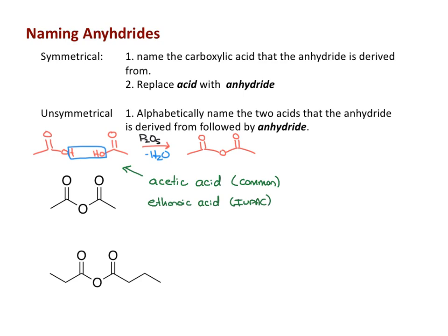And when you join those together, you get the anhydride. So what we do is we just replace the ending acid with anhydride. So that means this molecule here, you can call that either acetic anhydride, which is what almost everybody calls this, but you could also call it by the IUPAC name ethanoic anhydride.